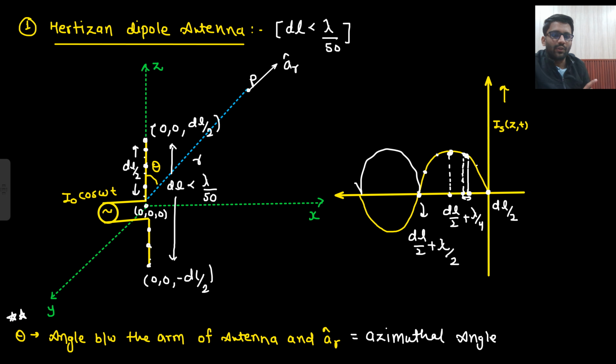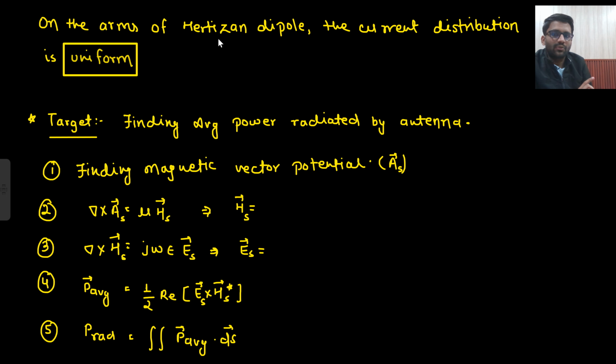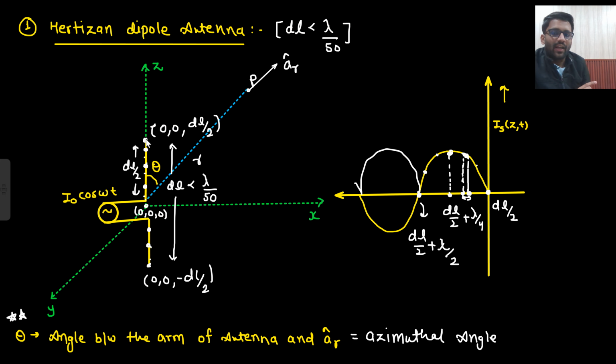And then what did we get to know? We got to know that on the arm of the Hertzian dipole, the current distribution is uniform. Uniform means not a function of space. So if I ask you at a particular time, at this point your current is 5 ampere, then at that time what will be the current at this point? You will say, sir, it is 5 ampere only.